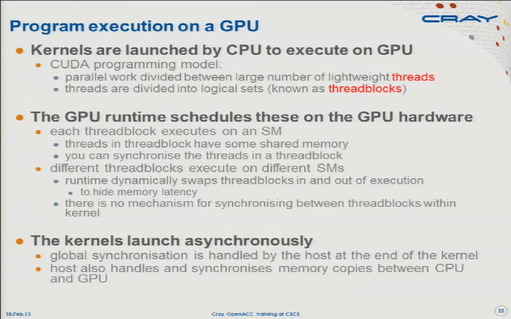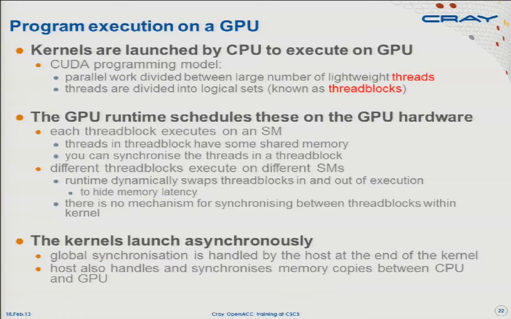These threads are divided into logical sets, which are known as thread blocks. The reason that they're in these blocks is because when you send this to the GPU, each of these groups of threads is given to one of those 14 blocks that I showed before.